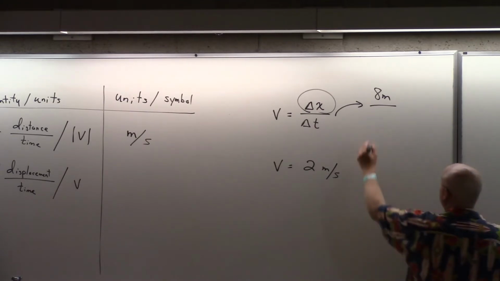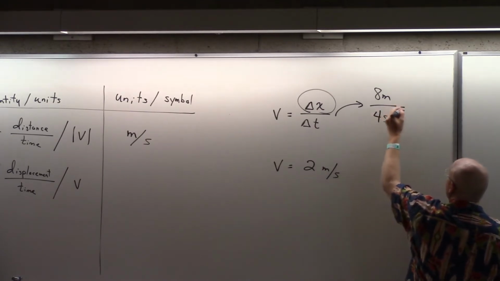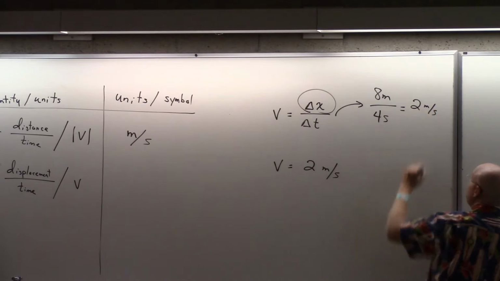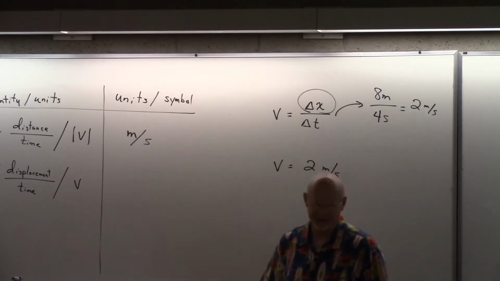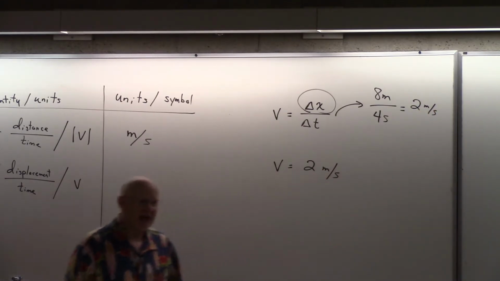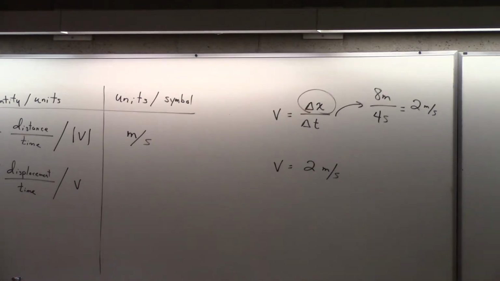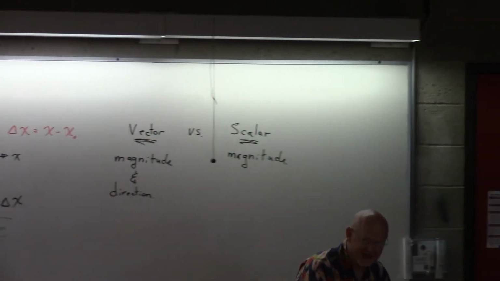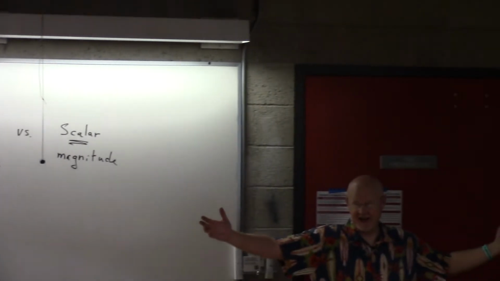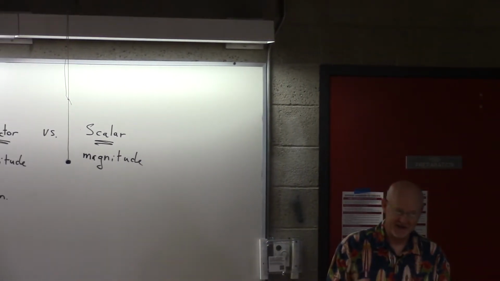And let's say it took 4 seconds to do that. You're going to say, oh, it's 2 meters per second. However, if I go really fast and then go really slow, the total time is 4 seconds.